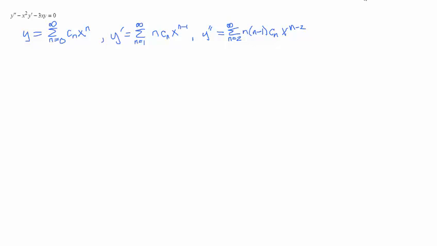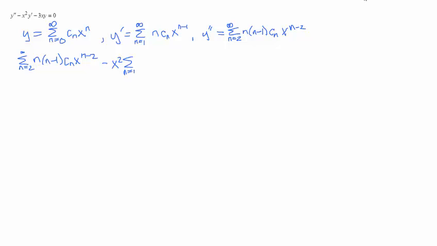Okay, so the next thing we want to do is substitute into the differential equation. So in place of the y double prime, we'll put that series. And then we'll have minus x squared times our series for y prime.